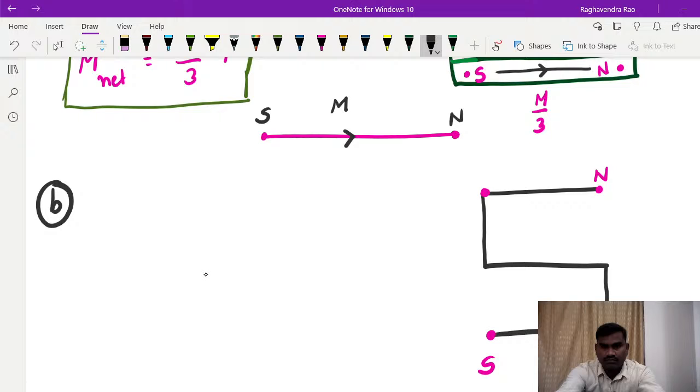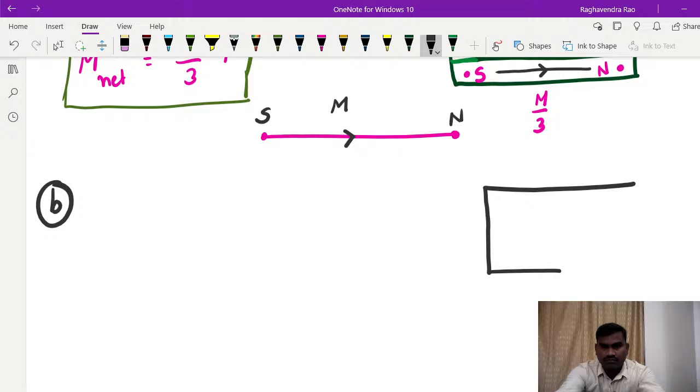This S is bent like this, and it forms a shape looking like this. This is the north pole, so finally this will be the south pole.